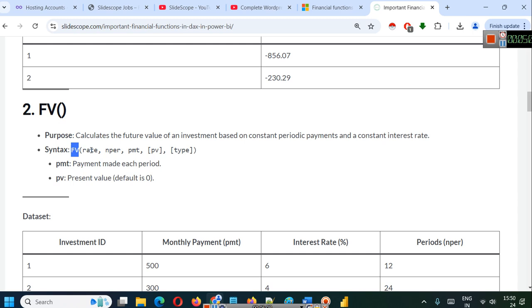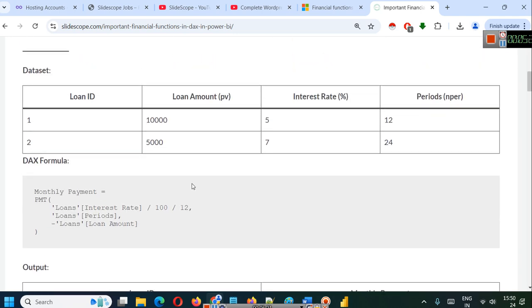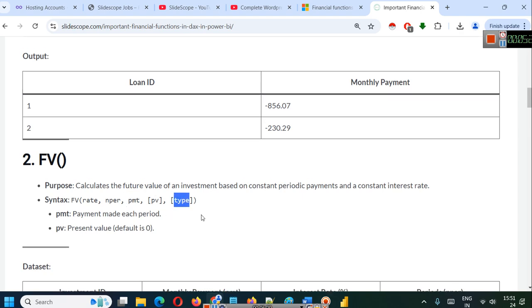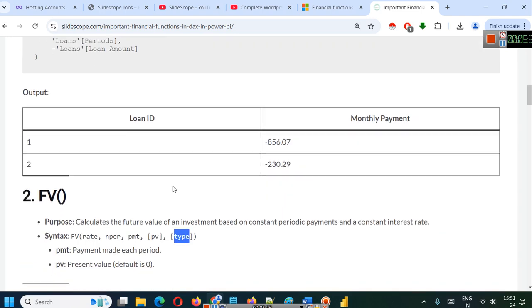In FV, again you have five arguments. First is rate, second is NPER, which is same as above. Third is PMT. So if you know PMT, then you can calculate FV. Fourth is PV. Then we have type. Type is payment timing: 0 is end of period, 1 is beginning.